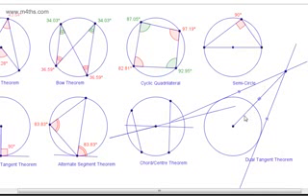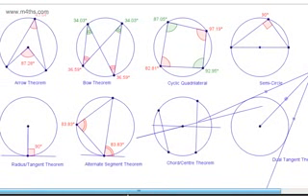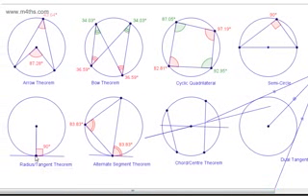So there are 4 of these that are really important for the work that we're going to do. Angles in a semicircle are 90 degrees. We have the radius tangent theorem, so we know a radius just touches the circle at one point. The radius and the tangent are at 90-degree right angles, so they're perpendicular.